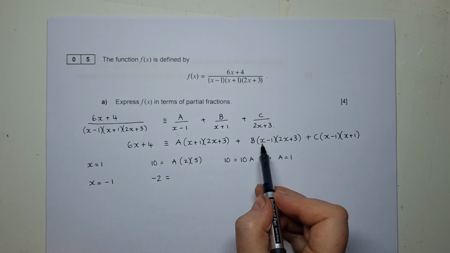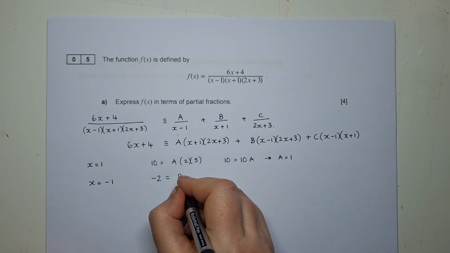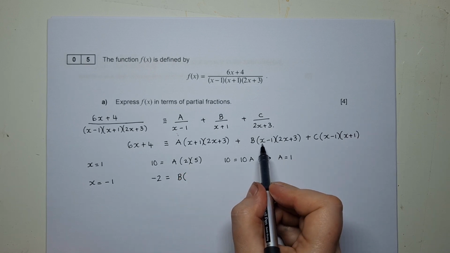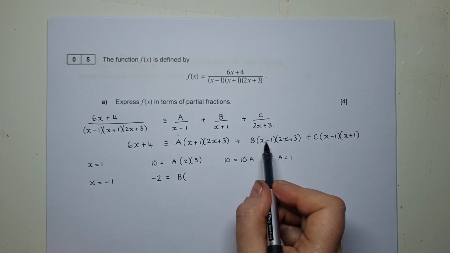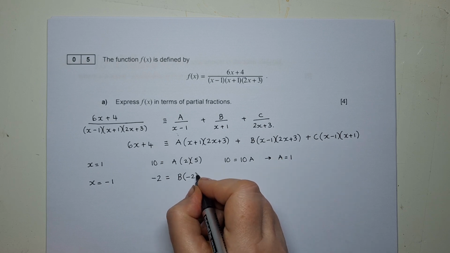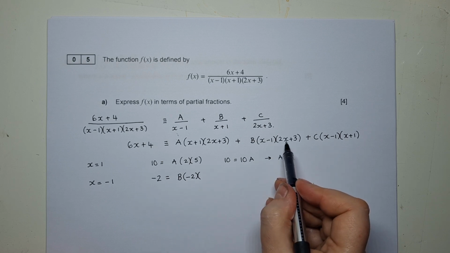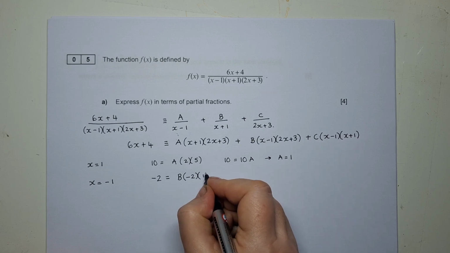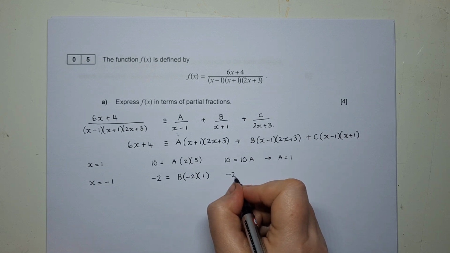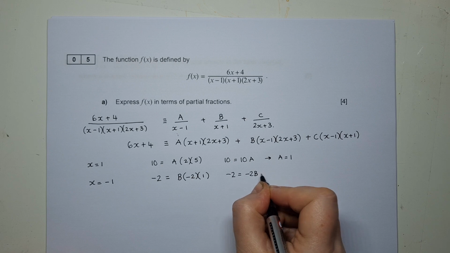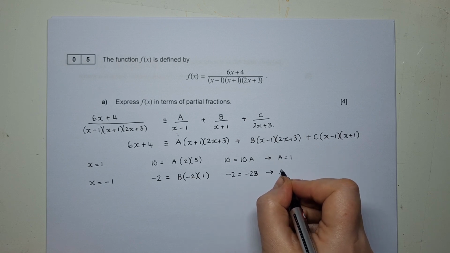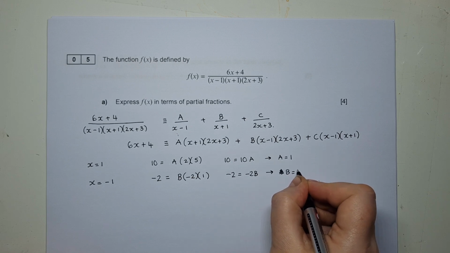Here we will get some b's, so let's write down b and then work out what's in each bracket. Start with minus 1, take away 1, and you get negative 2. 2 lots of minus 1 is minus 2, but add 3 is a 1. So that gives me negative 2 is negative 2b, which leads me to saying b is 1 as well.